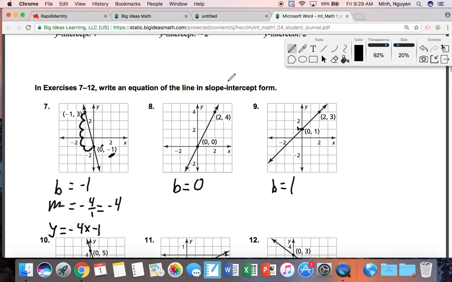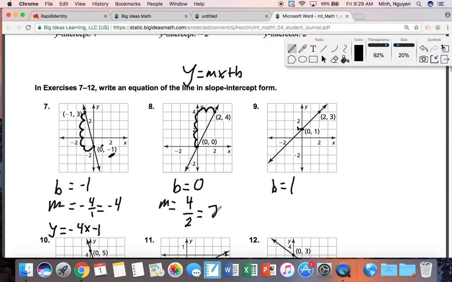Once you find m and b, it's just like 1 through 6. So I'm going to help you find m and b. I'm not going to keep writing it though, because it's just this really simple form, y equals mx plus b. But I will help you find it. So we have 1, 2, 3, 4 over 1, 2. So m equals up 4 over 2.